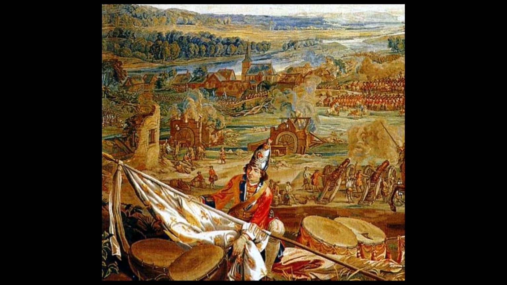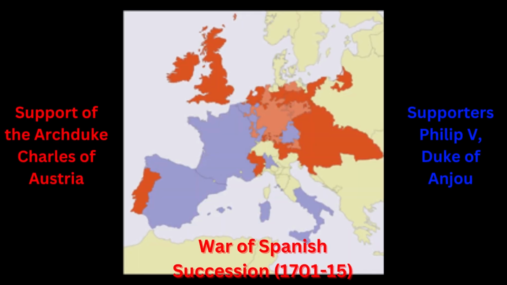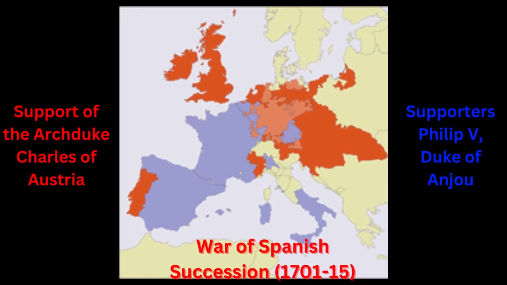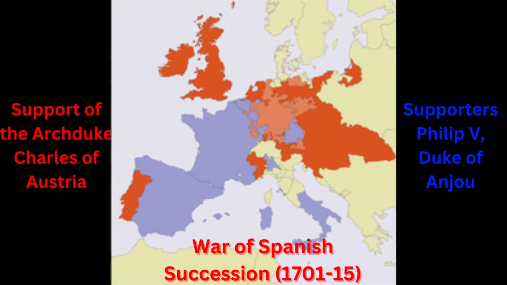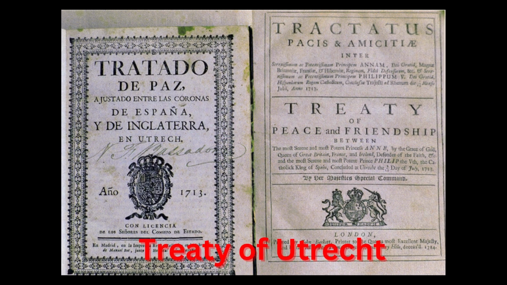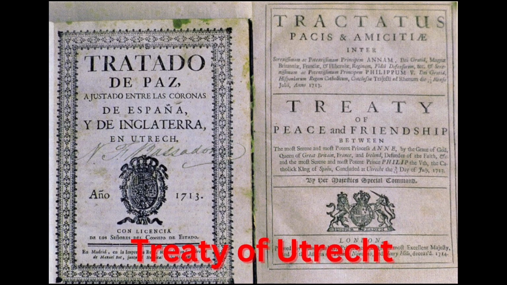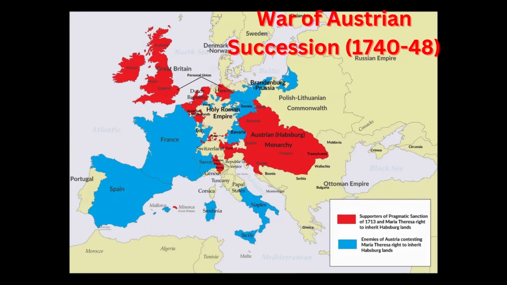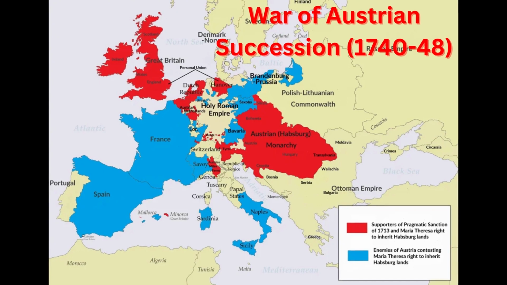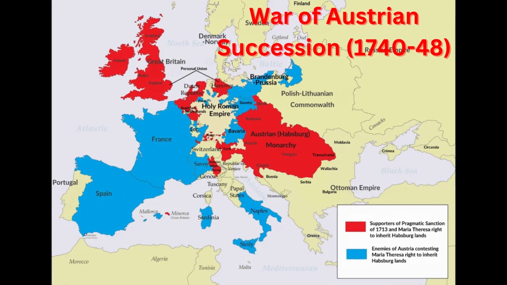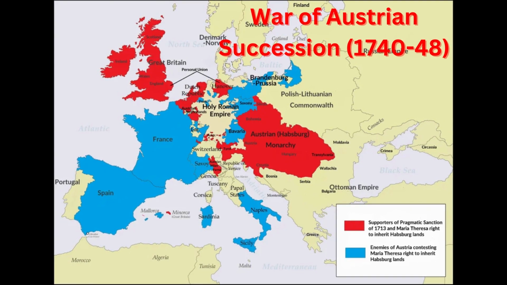For instance, during the War of the Spanish Succession, both nations clashed as England supported the Austrian claimant to the Spanish throne, while France aimed to secure it for Louis XIV. The war culminated in the Treaty of Utrecht in 1713, which reshaped the European balance of power. Similarly, during the War of the Austrian Succession, England supported Maria Theresa, while France backed the Bavarian claimant, Charles Albert, resulting in another major conflict between the two powers.